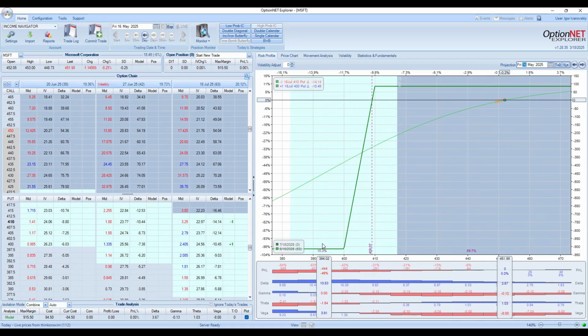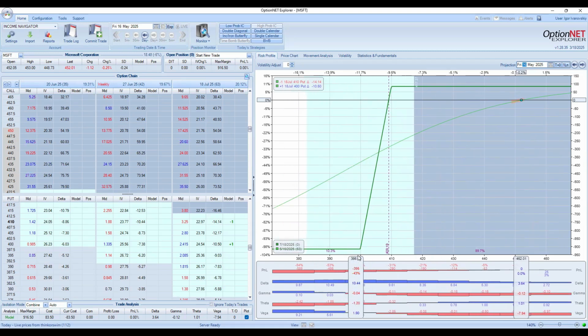You dump your long leg, you're committed to buying shares at 410, but then after a 7 or 8% pullback, the price is going to revert and go back to the upside. Instead of making 85 cents, you will have made 85 cents plus whatever you collect from selling the 400 put that you're buying.